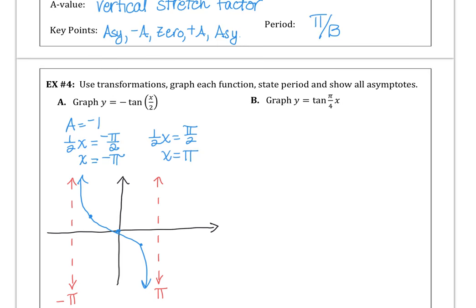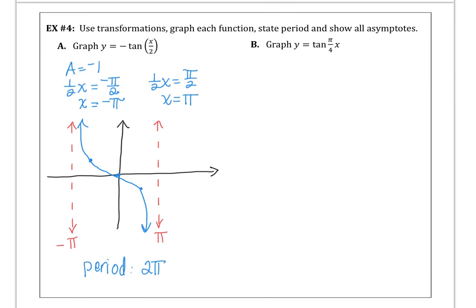I know you have graph paper on your paper, but you notice that we have the point at 0, 0. That's halfway between the two asymptotes. We have a point here at negative pi over 2, 1, and we have another at positive pi over 2, negative 1. So this is 1, and this is 1 here. And this is pi negative and pi positive.